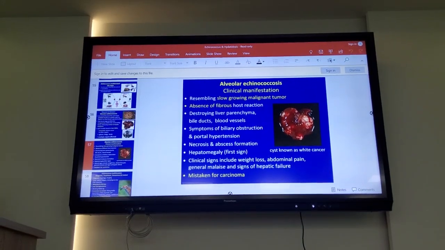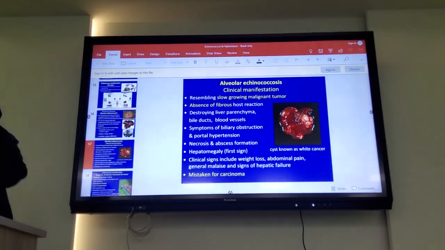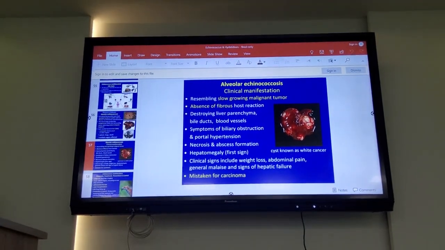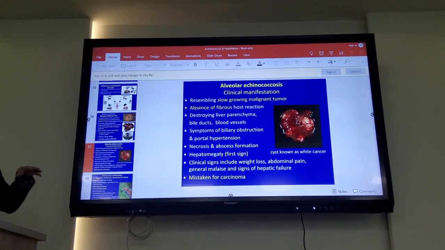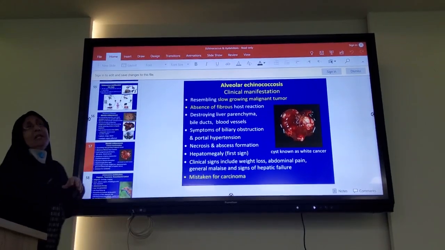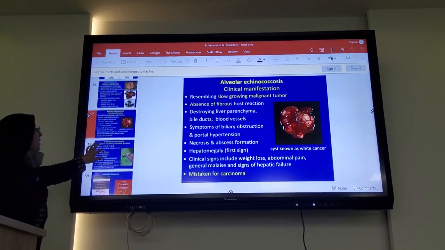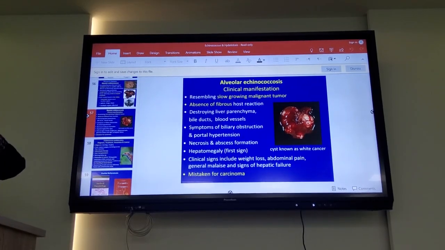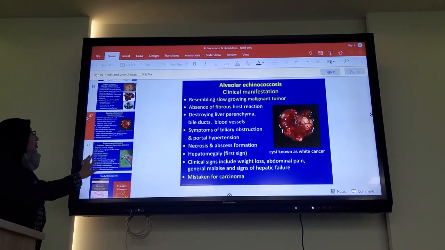If the patient is infected, it may even lead to death, or they may need long-lasting antiparasitic drugs like benzimidazole for 10 years, for the whole of life, and some cases need resection of the liver or a liver transplantation. So the patient may be a candidate for liver transplantation.